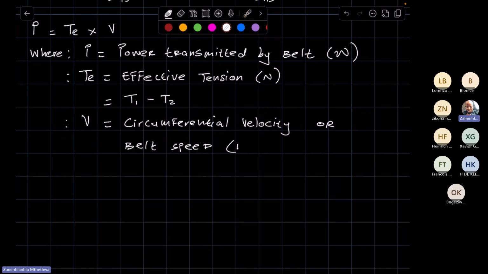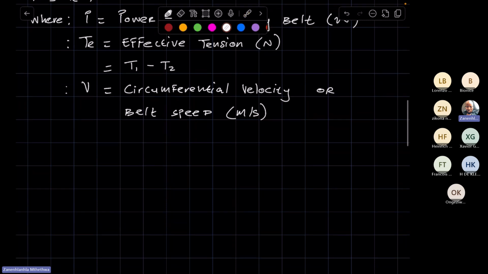This will be in meters per second. So this here is the circumferential velocity of the pulleys, or of the belt, or belt speed.